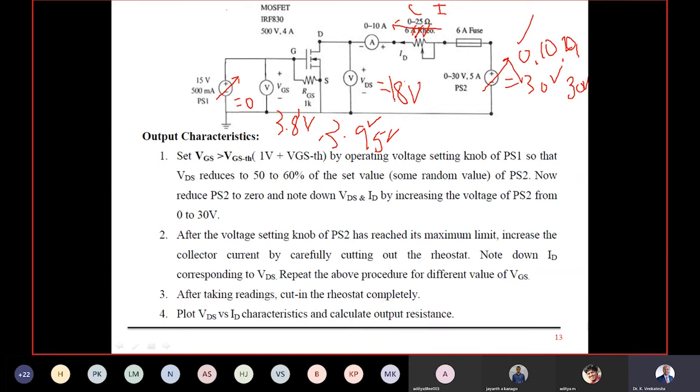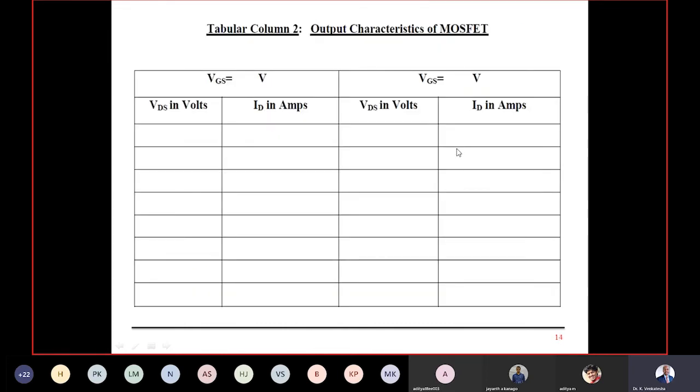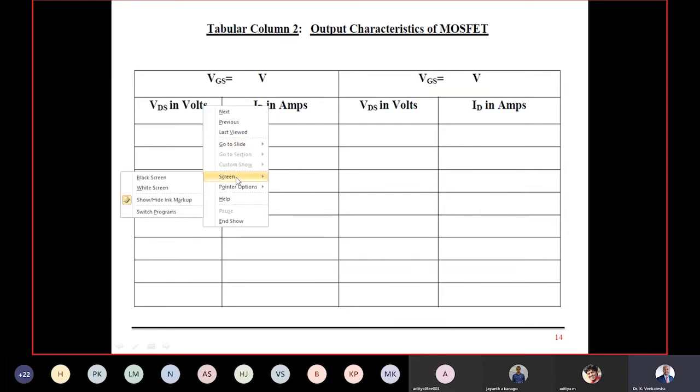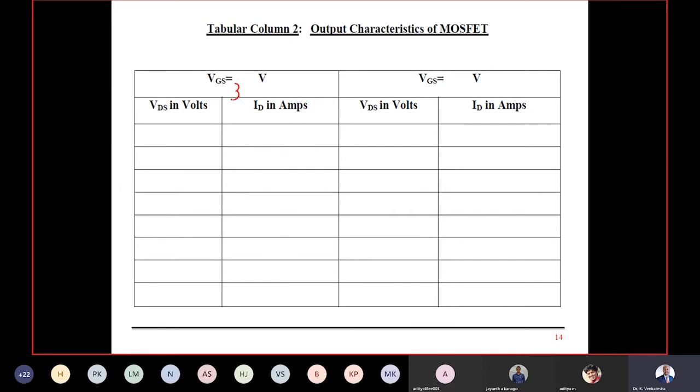Then such that my VDS falls to, again the same thing, 50 to 60% of the 30 volt. So for the first case, what we have done is VGS is 3.8 volt, which is more than 3.3 volt. For the second case we may put, for example, VGS as 4 volt.